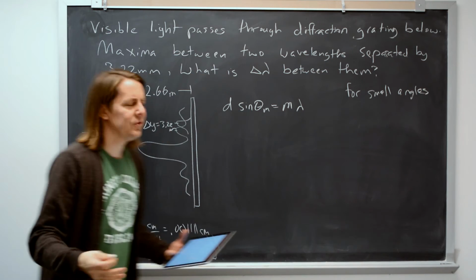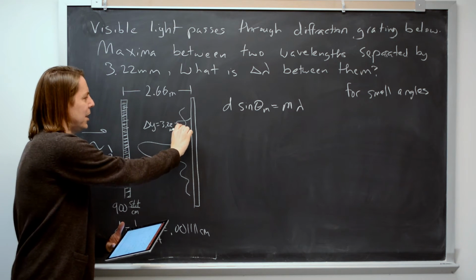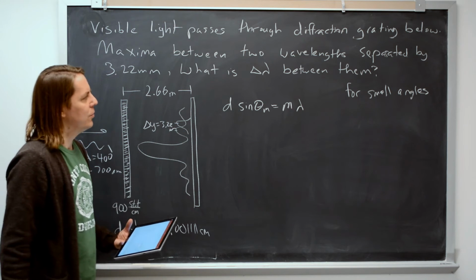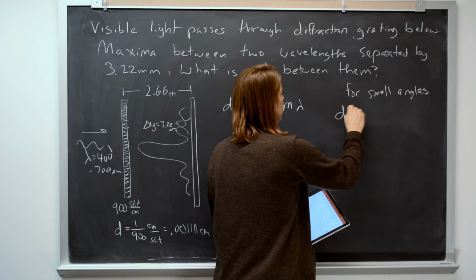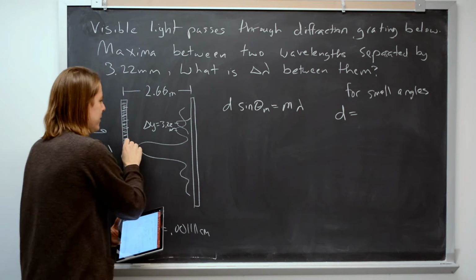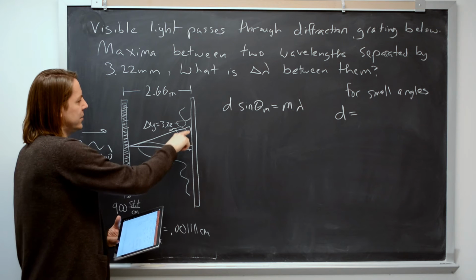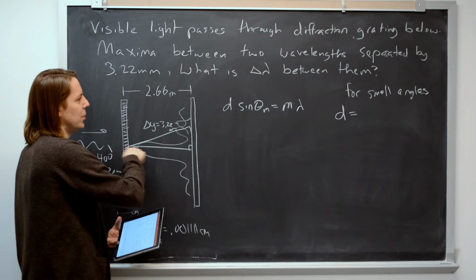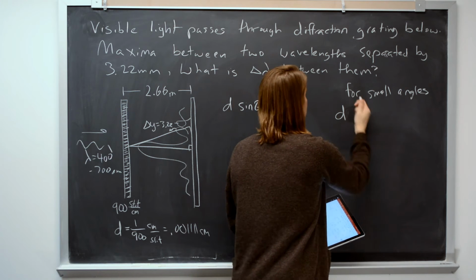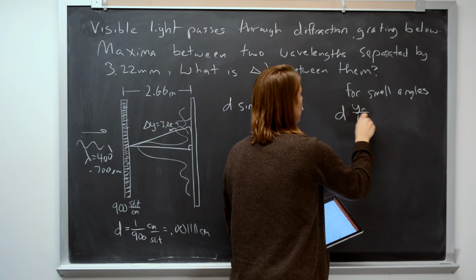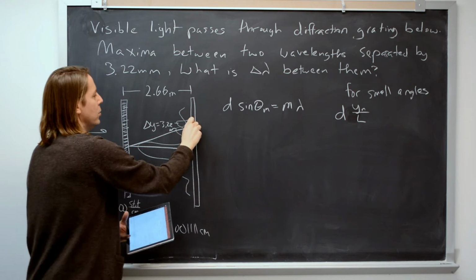And we know the angles are going to be small because we know this is 2.66 meters away. We're talking about heights of only a few millimeters. So for small angles, we know that sine theta, if we thought about this distance up to that maximum like that, sine of that angle is the height, y, over the separation, L. So we could say d times y max over L. So instead of the angle where you get the maximum, it's the height, y, where you get the maximum.